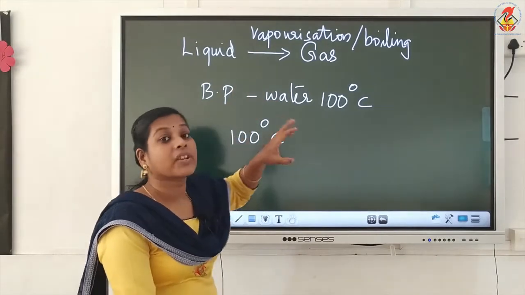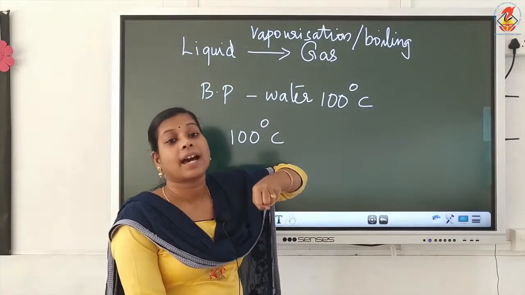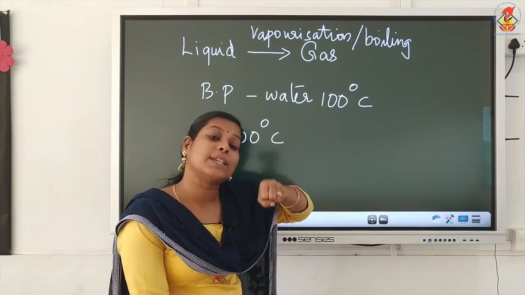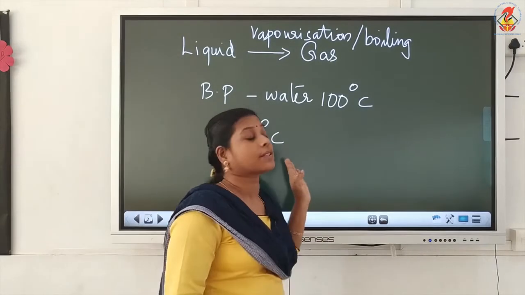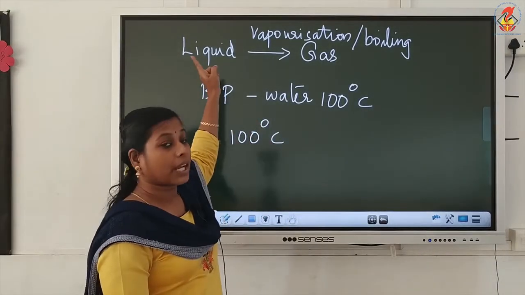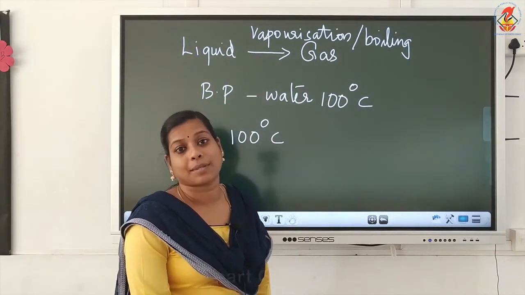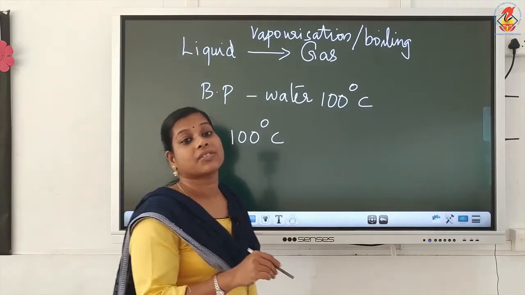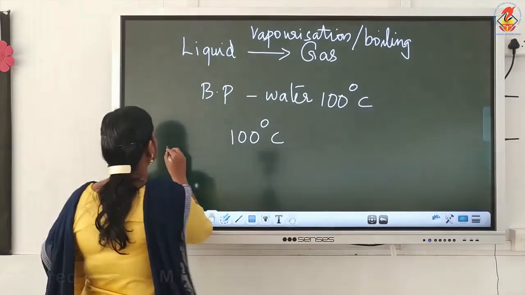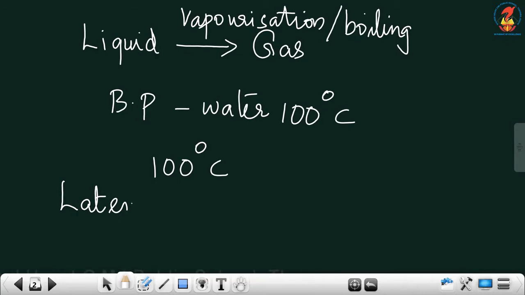During that change, that heat energy is hidden there, and that latent heat is utilized to overcome the forces of attraction between the liquid particles and to change into the gaseous particles. So, that hidden heat energy is known as latent heat of vaporization.